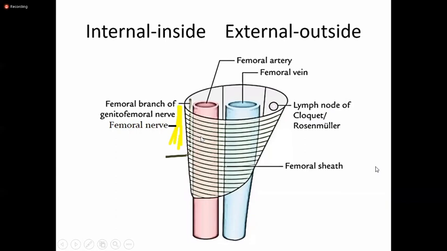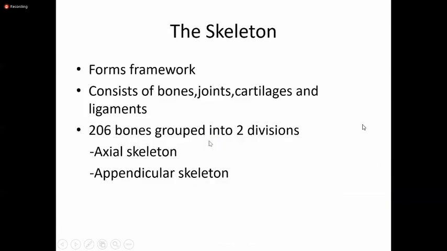Then the skeleton forms the framework of the body. This mainly consists of the bones, joints, cartilages, and the ligaments. There are 206 bones in adults, whereas in children they vary. They fuse in adult life and form a single bone. The 206 bones are grouped into two divisions, the axial skeleton and the appendicular skeleton.